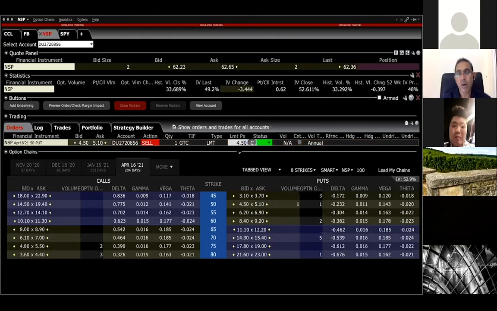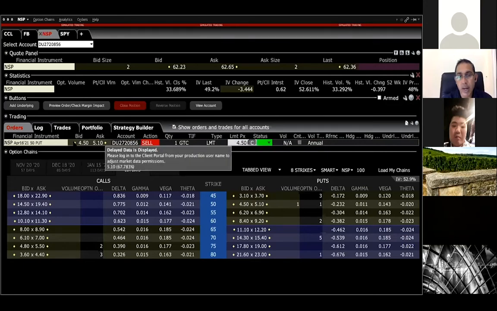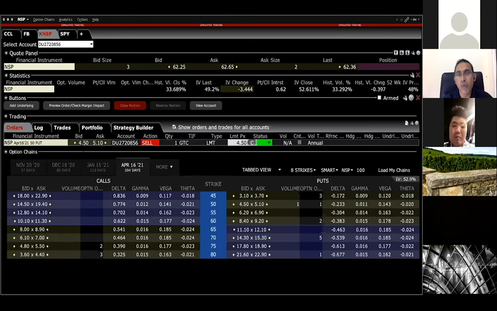Okay, so now you see what happened. This is my order, and the best bid also is 450, which means if I leave it here, the order will get filled. The only problem is these are not the real-time prices, so I'm not sure what the real-time price is.